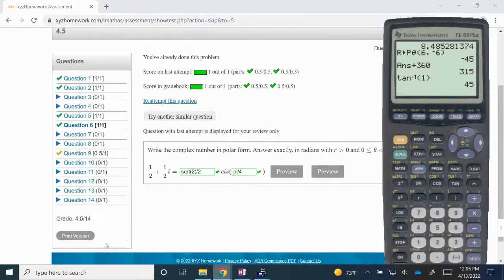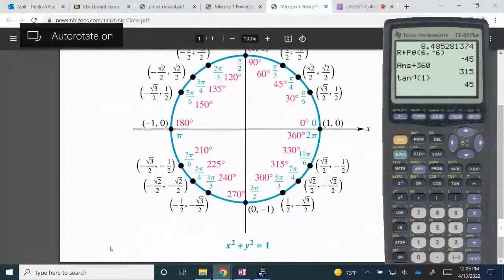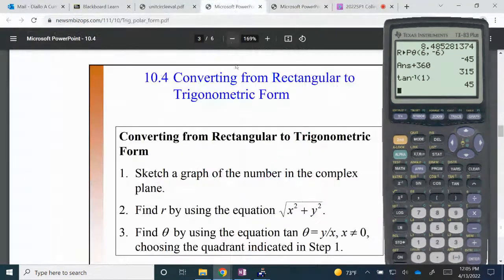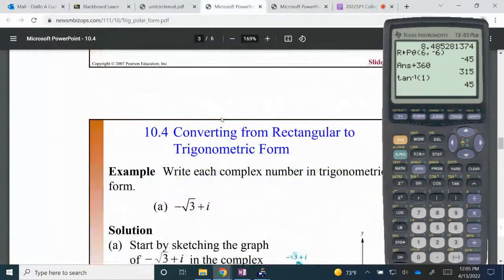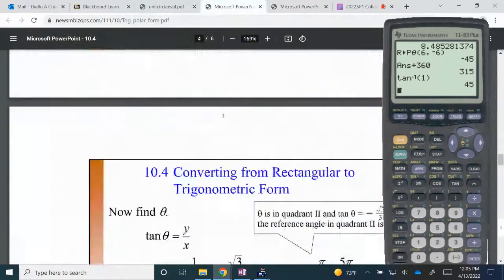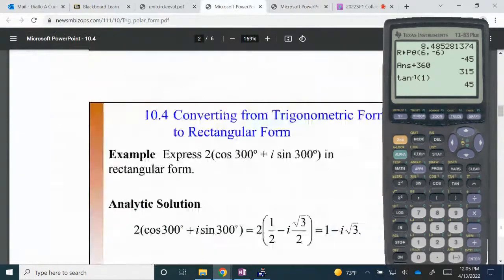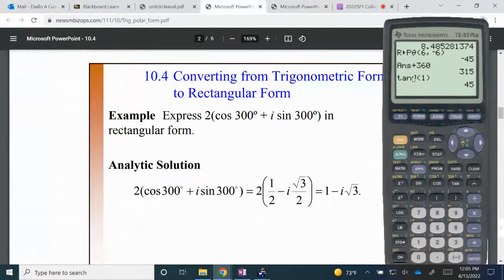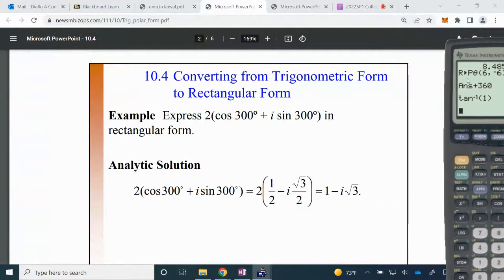All right, now next we're going to go the other way around. If we have trig or polar form, how do we convert to rectangular form?